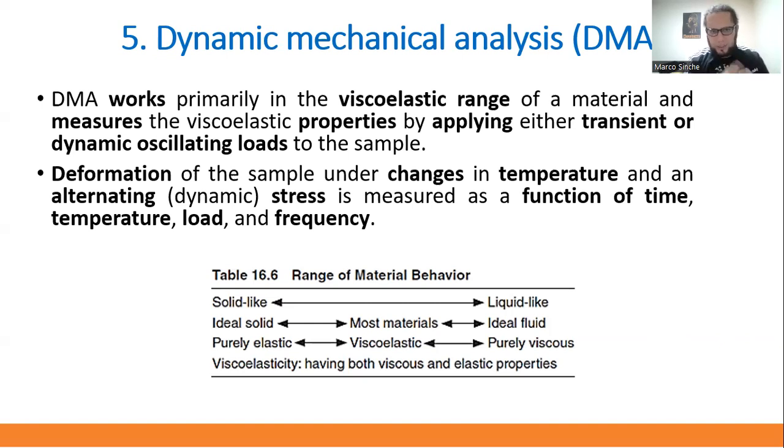So the deformation of the sample under certain temperatures and other conditions is studied, and for example, alternating stress will be measured in function of time, temperature, load, or frequency. And so the viscoelastic range is located between the purely elastic and the purely viscous states of a material.